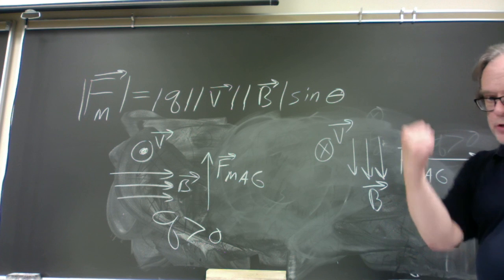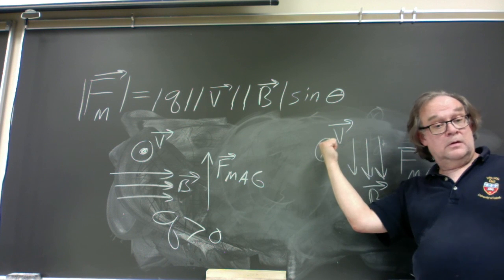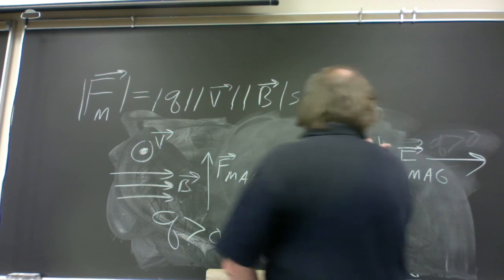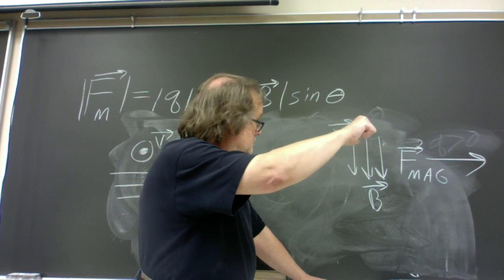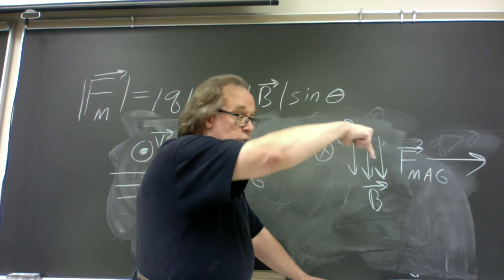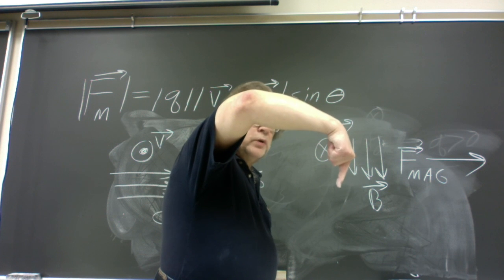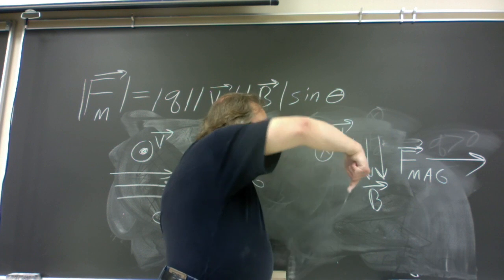So again, thumb in direction of the velocity, index finger in direction of the field. So now I'm like this. Index finger points down for the field direction.